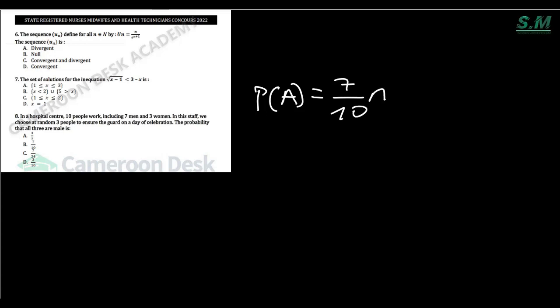And in the second selection, out of the 7 men, 1 has already been selected. So how many are left? 6 out of how many? 9. So the last chance, if you have to select again a man, will be 5 on 8.